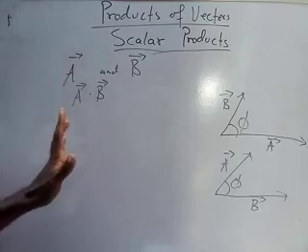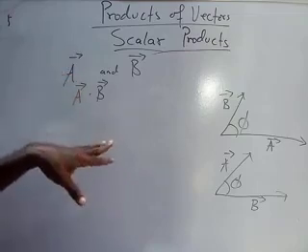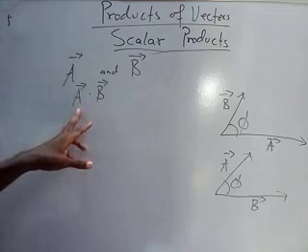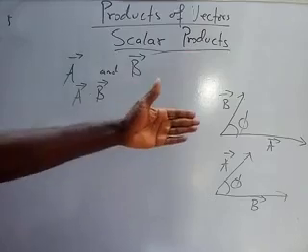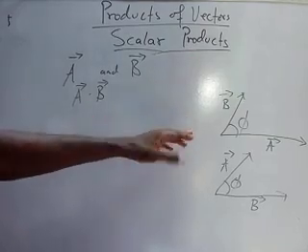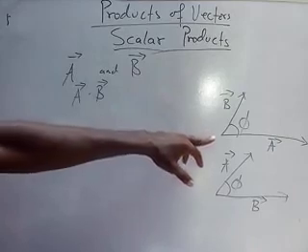Are you with me? So to define the scalar product, vector A dot vector B, after drawing these two vectors, you can see that their tails are at the same point.